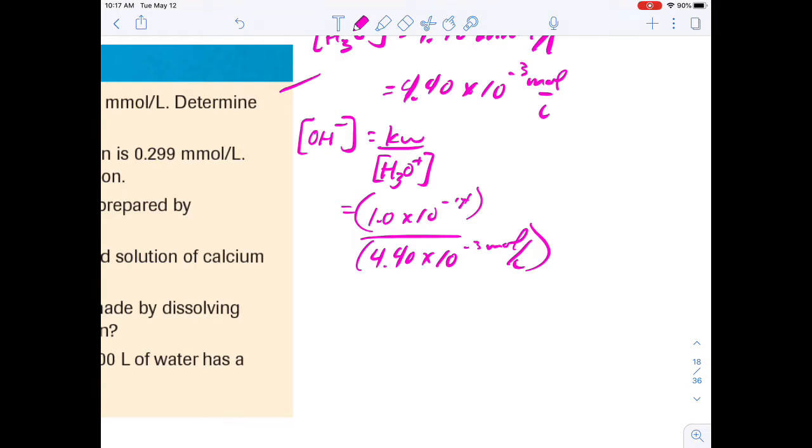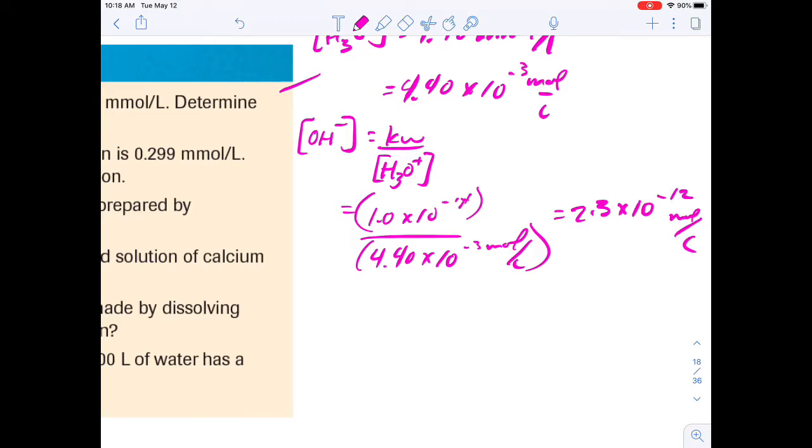So we'll take 10 to the negative 14 divided by that, and I'm coming out with a concentration of 2.3 times 10 to the negative 12 mole per liter.